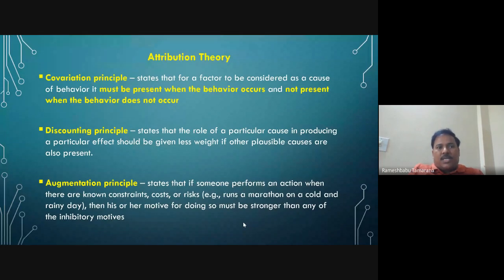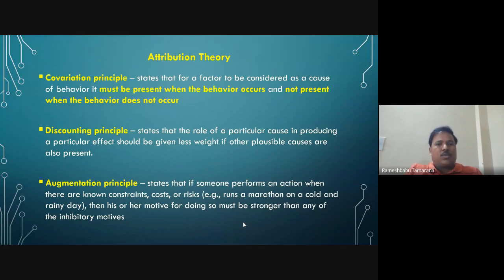So basically, the covariation principle is ascribing the reasons, the motivations for me to yell at my colleagues, and also the reasons why a particular individual behaved in a certain manner, without knowing their perspective. As I said, it must be present when the behavior occurs.